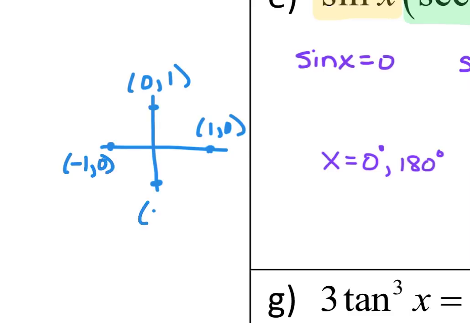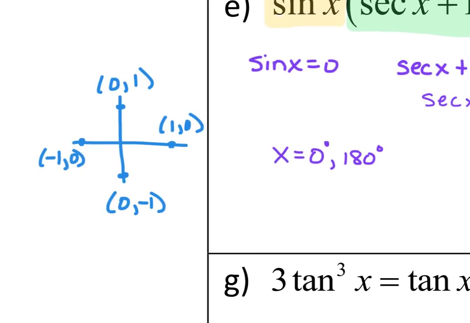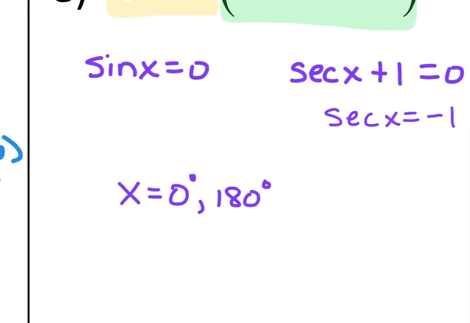And you'll see that your y values for sine are 0 and 180. But also remember that when you have 0 as an answer, you should also have 360 as an answer.